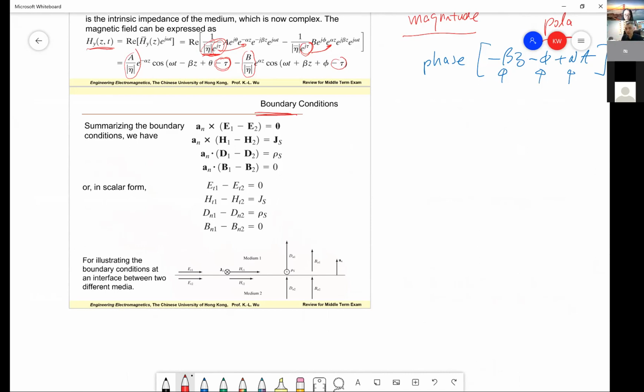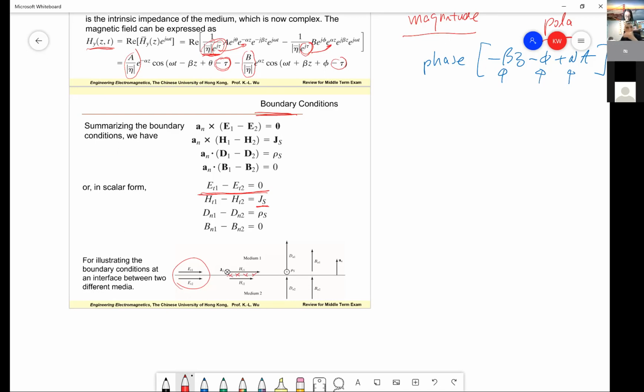The tangential electrical field must be continuous, so the difference equals 0. That means they are equal. The tangential magnetic field will be different; the difference will equal the current on the surface.